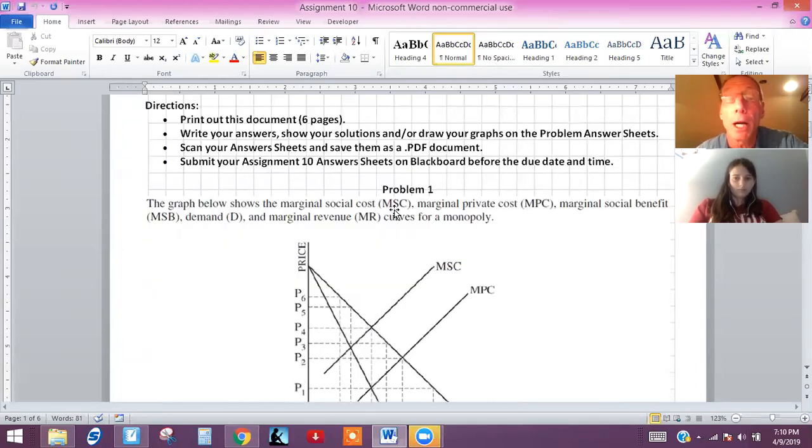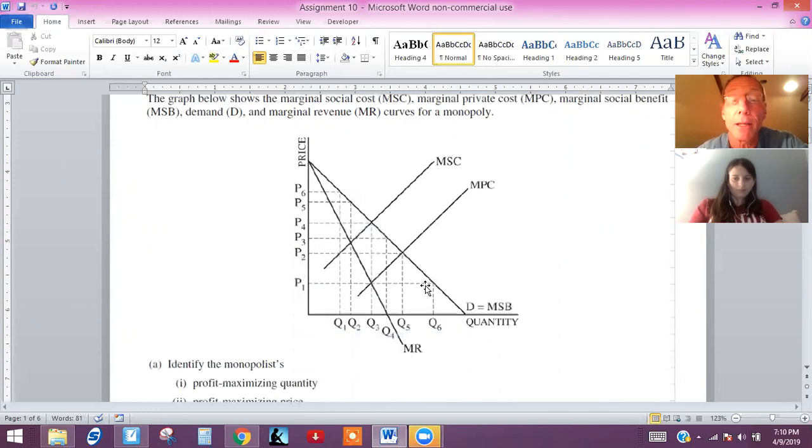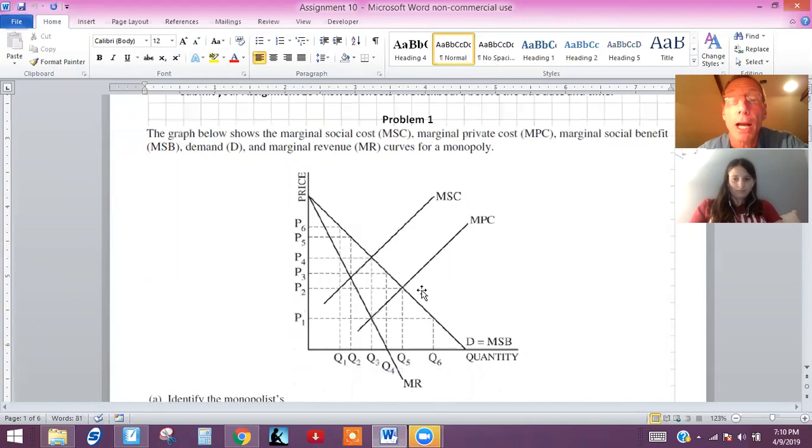So what we're looking at in problem 1 is a diagram that shows marginal private cost, which is the regular supply curve, or the marginal cost that you're used to seeing.